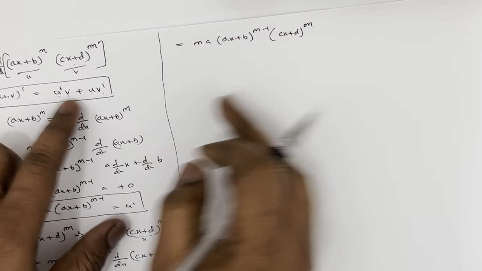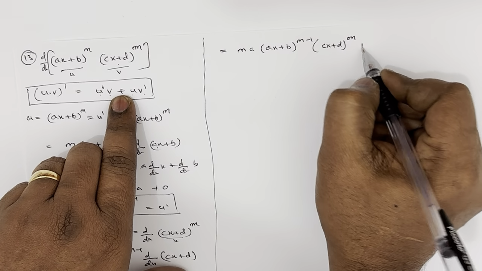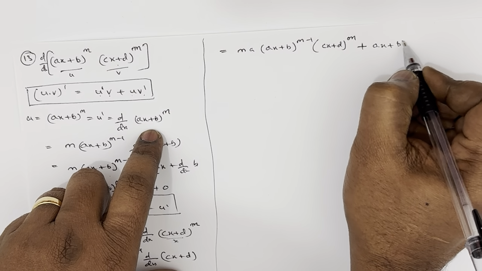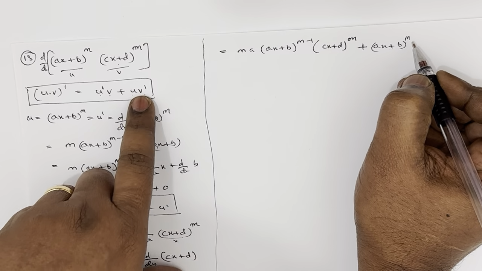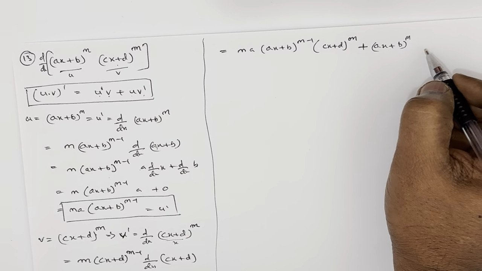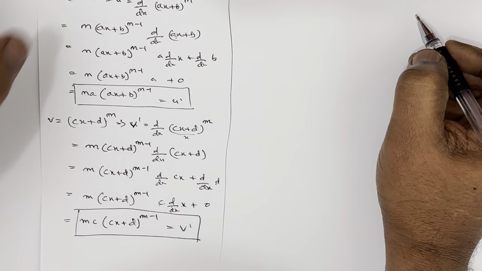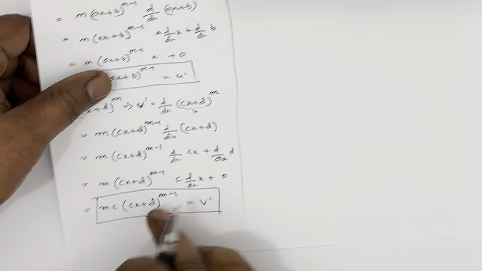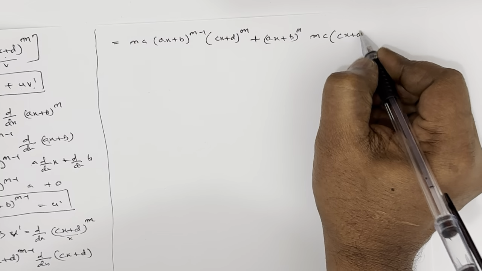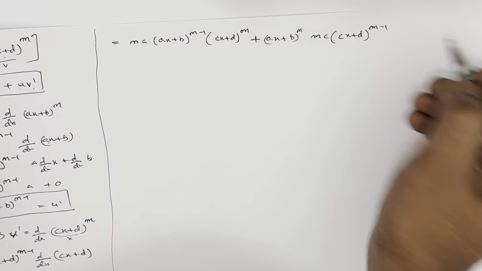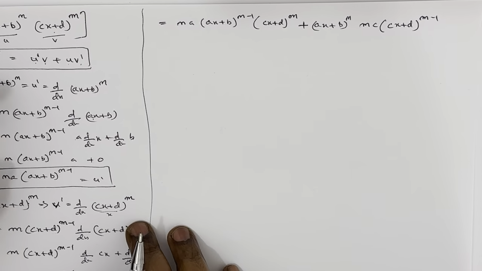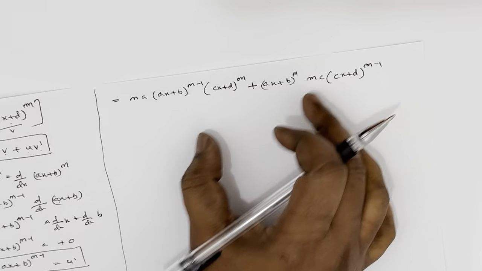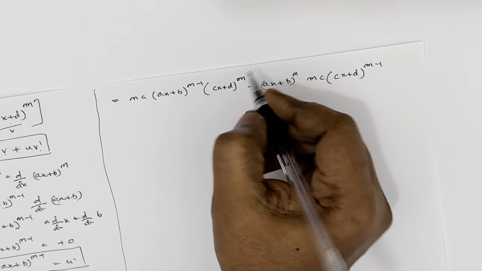Next plus u, which is (ax plus b) whole raised to n, next v dash, which is mc (cx plus d) whole raised to m minus 1. Okay, that's it. Now this is almost over. We'll just simplify this.